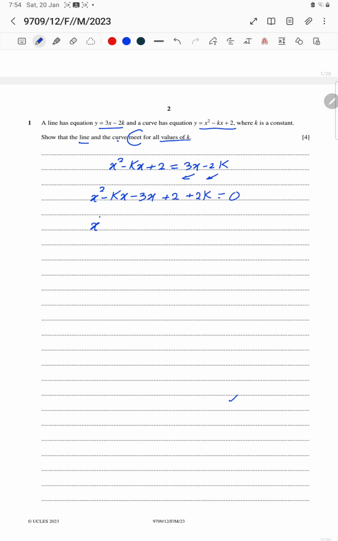Now arrange the terms, take common minus x, and once you take minus common, change the sign of the second term in the bracket, and 2 plus 2k is equal to 0. Now you know, we have to prove this for all values of k.